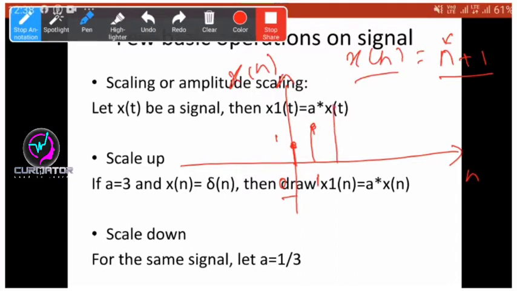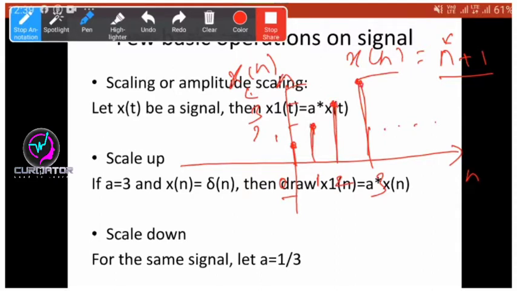Same way, this is 2, this is 3, this is 4, it will be plotted like this. As we plot a continuous time signal, we cannot plot a discrete time signal continuously. It will be like a stem plot like this.